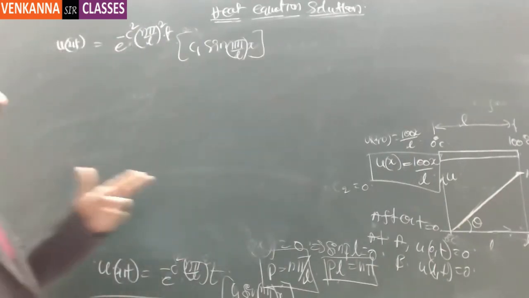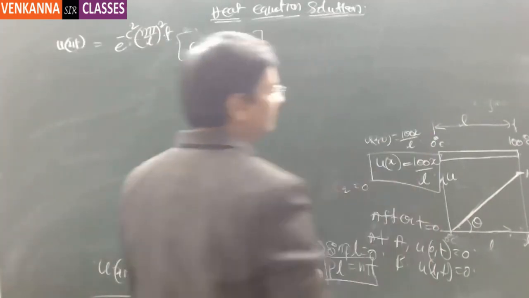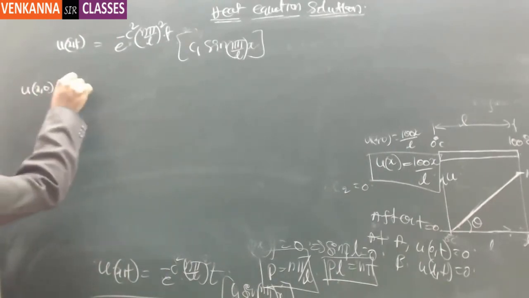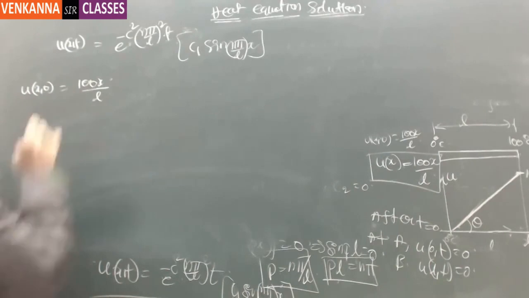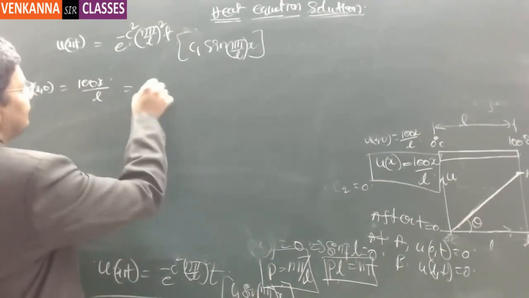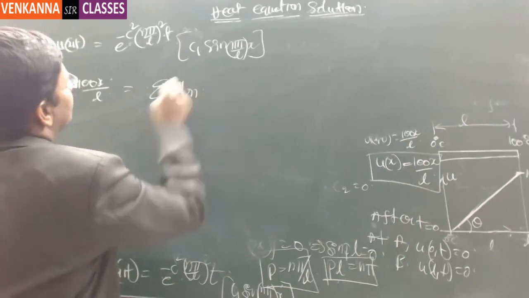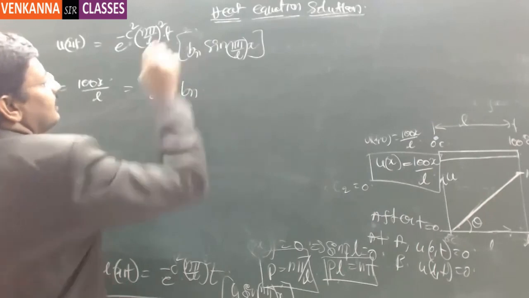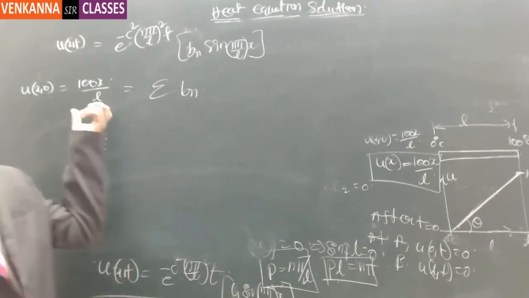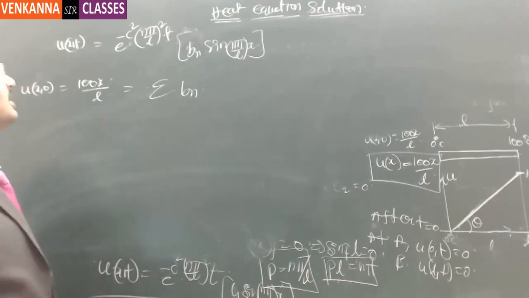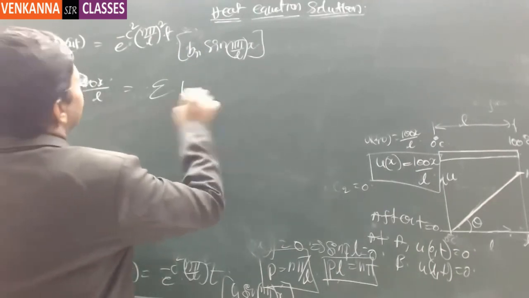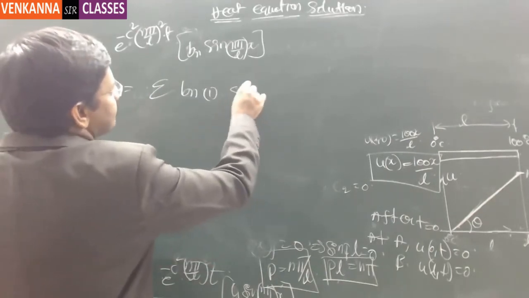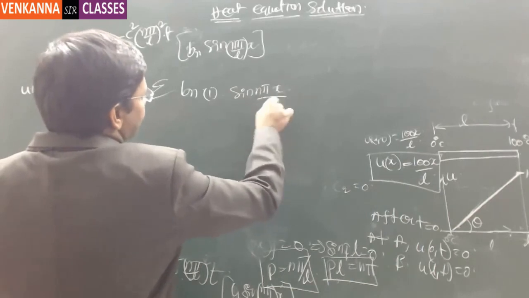Then the initial condition u of x comma 0 is 100x by L, and this is equal to sigma Bn. This c1 you can replace as Bn, because we have introduced n, as I said earlier. If the distribution is in this format, then you can express it as a Fourier half-range series. So Bn, at t equal to 0, this exponential is going to be 1, and then this is going to be sin n pi x by L.